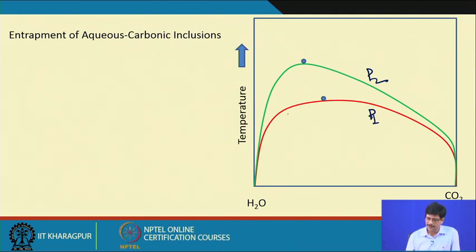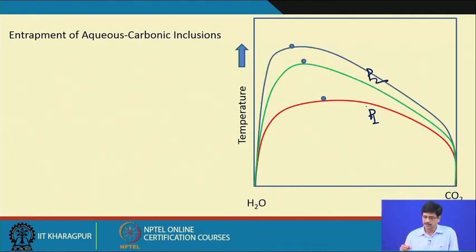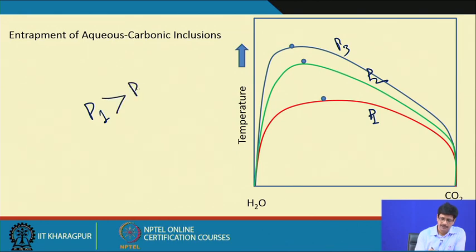The orange one corresponds to a pressure P1 and the green one is P2, and a third one, this blue one, is P3. So, as it happens, the phase behavior that we have studied, P1 is greater than P2, which is greater than P3.